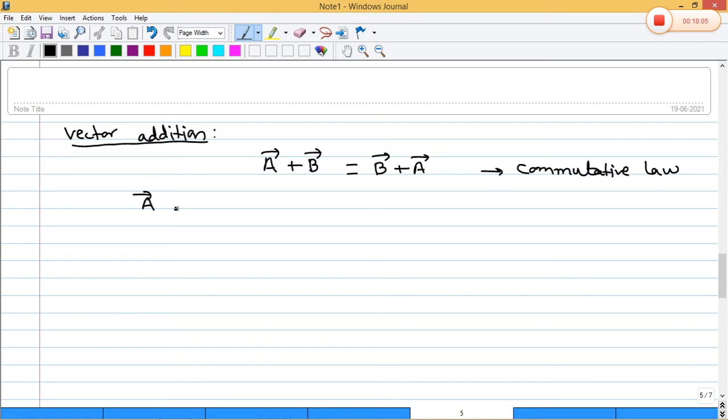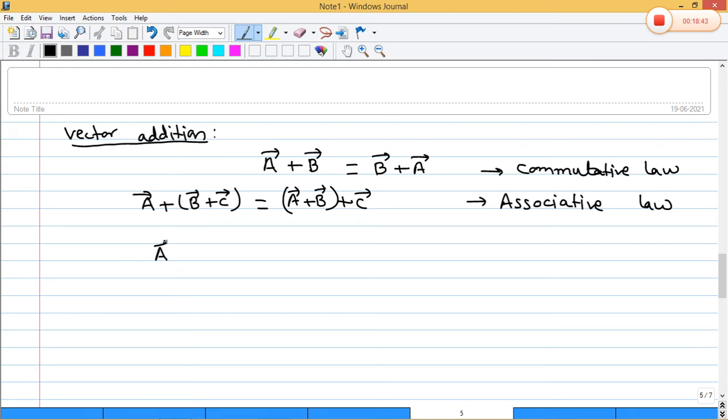If there are three vectors, if B and C are added first and their resultant sum is added with A, that is equal to first adding A plus B and then adding the third vector C. So it is associative. Now the third one is the distributive property.